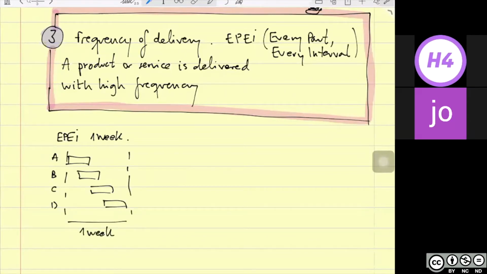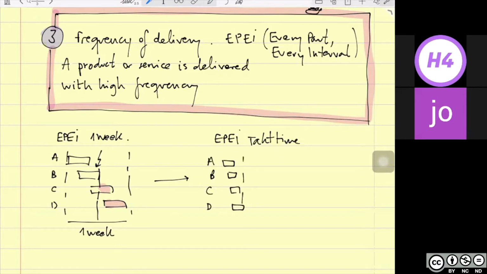And if something happens on Wednesday, then all the products after Wednesday will not be delivered. That's why we aim to have the shortest EPI possible. The minimum EPI is the takt time. Okay, so deliver with the customer needs. The highest flexibility possible.